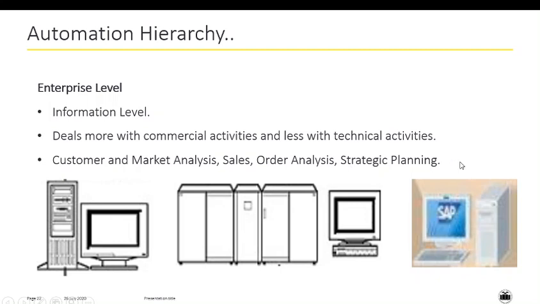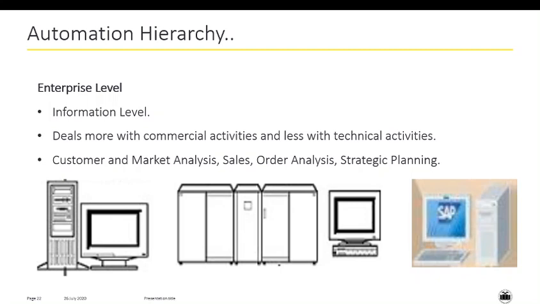That kind of strategic planning can be done with the help of information obtained at the enterprise level. How does this enterprise level look? It is basically a very high configuration computer or server on which the various enterprise softwares run. Which are these enterprise level softwares?